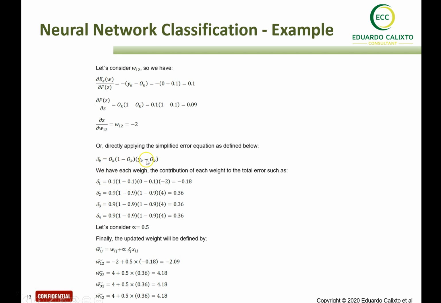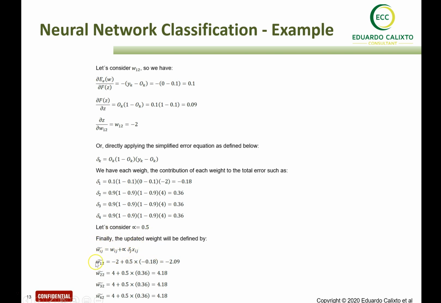So by using this formula directly, which just uses the predicted value and the current value here, for each one of the 4 points that I use, I can get one sigma value. Then, having the sigma value, I use it in this equation, which is the equation that I use to update the weights.